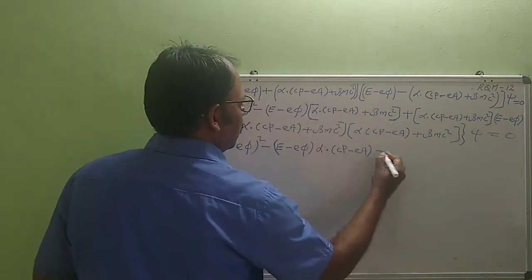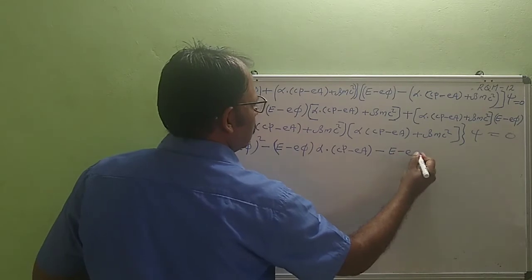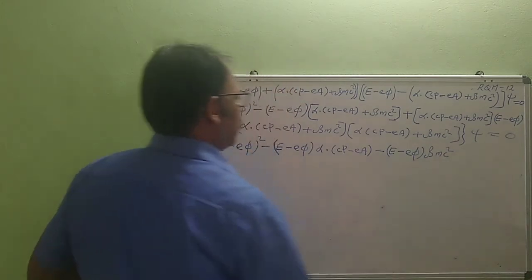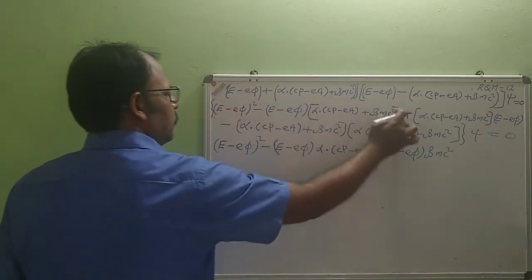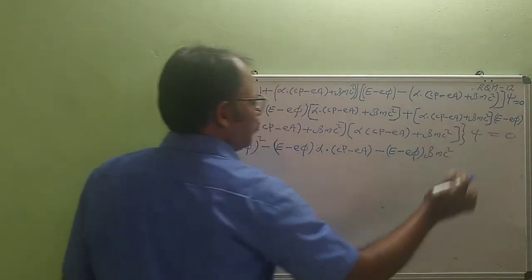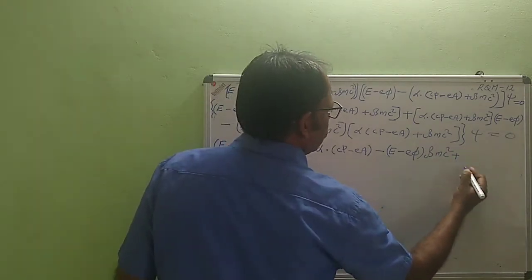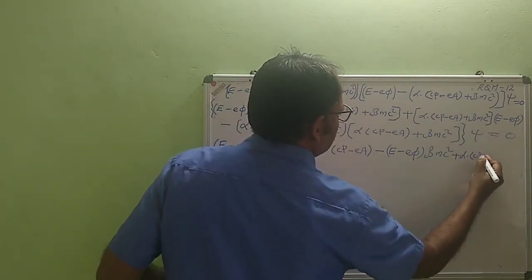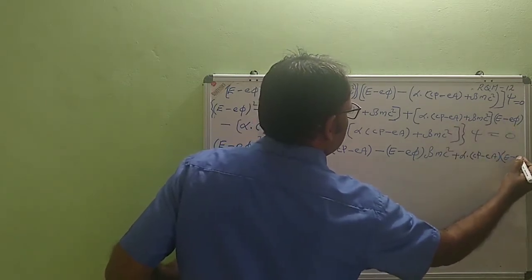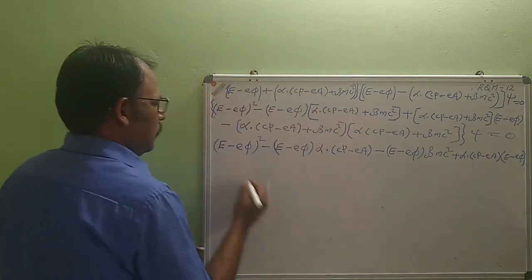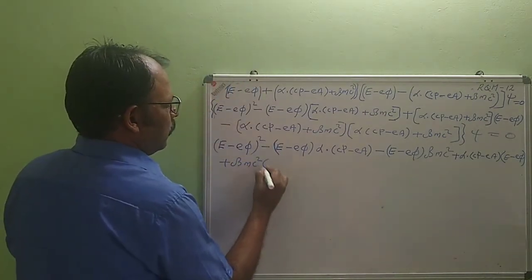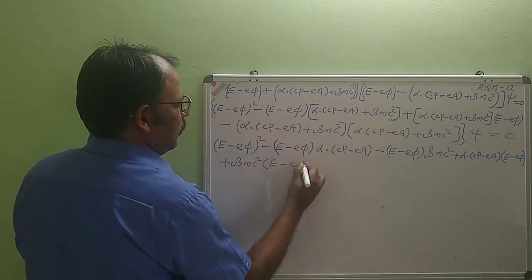The second term is minus E minus e phi into beta m c square. So these two terms we have written here. Now expand this bracket, then it will be plus alpha dot (cP minus eA) into E minus e phi, then plus beta m c square into E minus e phi.